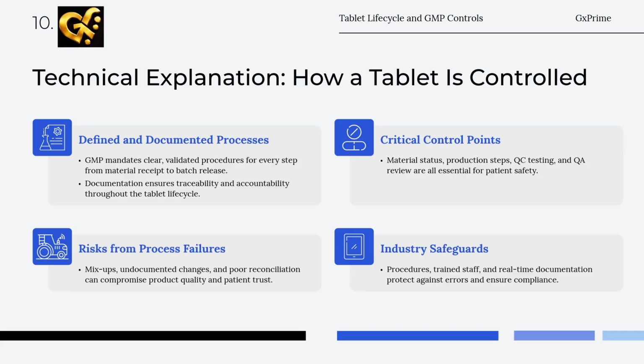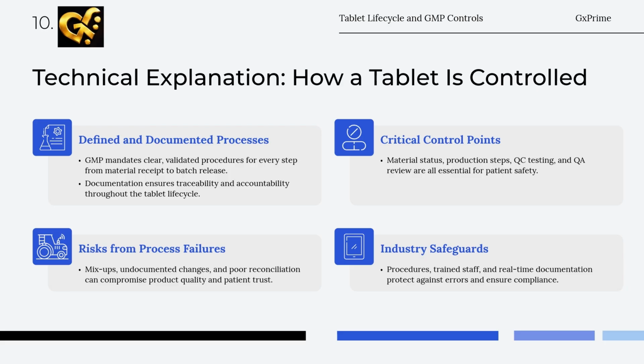Technical explanation: how a tablet is controlled. In pharmaceutical manufacturing, quality is not tested only at the end. It is built into the process itself. GMP requires clearly defined, validated, and documented procedures for every operation. Critical control points exist throughout the life cycle, including material verification, manufacturing steps, in-process checks, QC testing, and QA review.